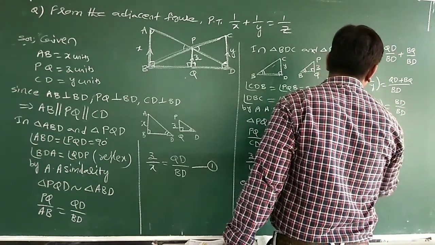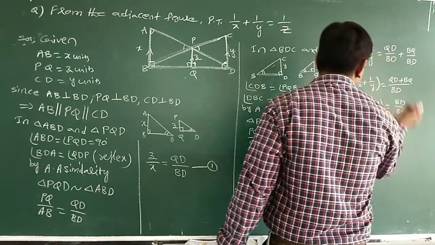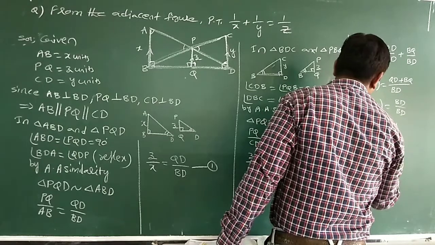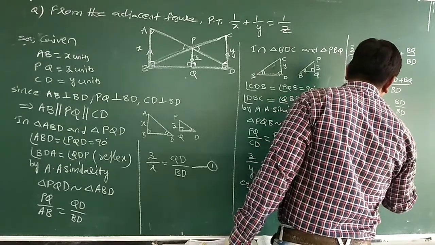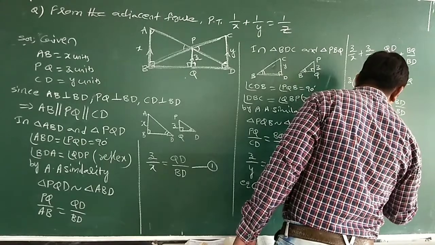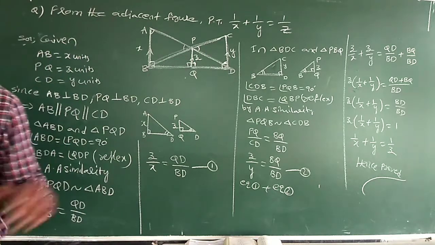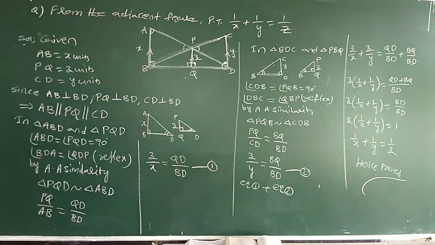Now Z into 1 by X plus 1 by Y is equal to 1. Taking Z to the other side, 1 by X plus 1 by Y is equal to 1 by Z. Hence true. So please make a note and then once again I will explain the problem.